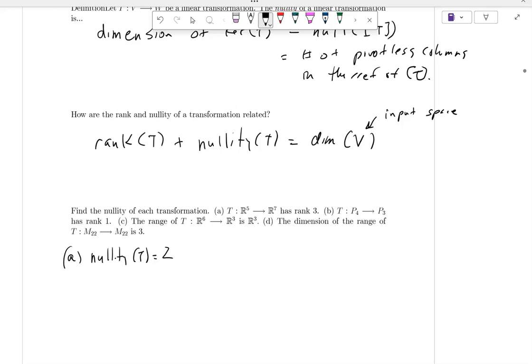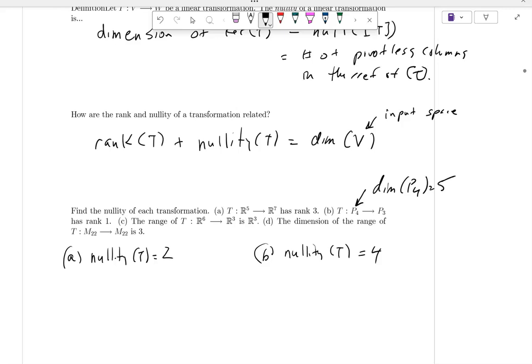What about the next one? In part B, you're told that the rank is 1. So what would your nullity be in this case? Yeah, it's going to be 4, right? Because why? Remember what the dimension of this one is? It's P4 in this case.